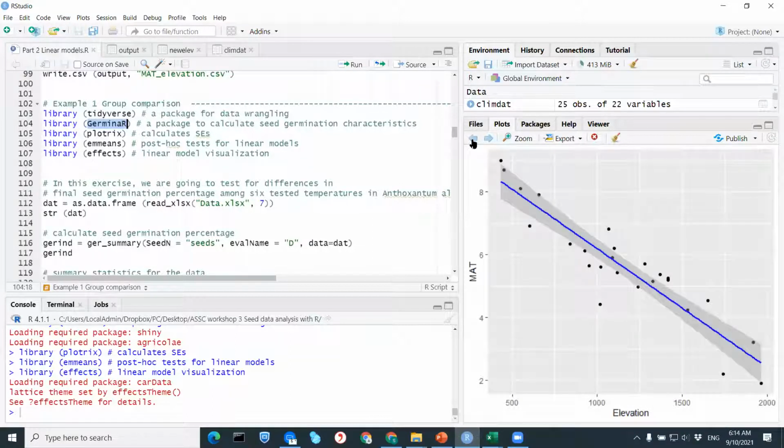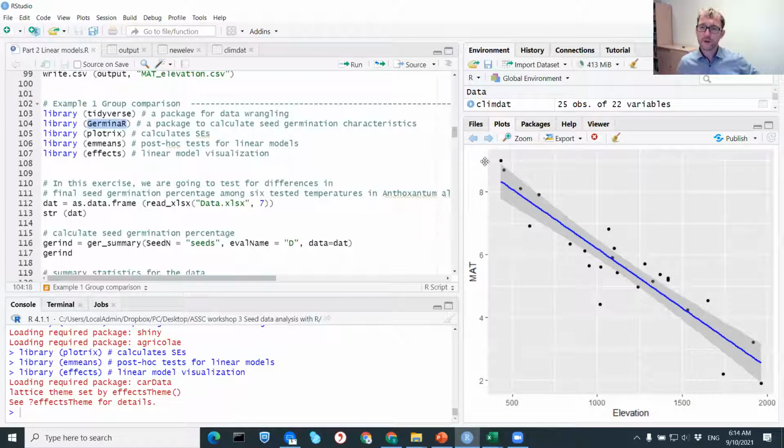Yeah. So basically what ggplot does here, the black dots here are your raw data. This is what you observed in the real world, right? And the blue line here is the best explanation, based on our calculations, based on our code. This is the best explanation for the relationship between those data.